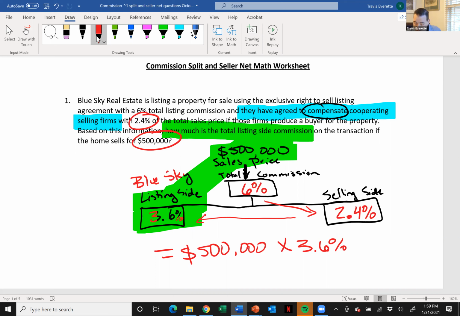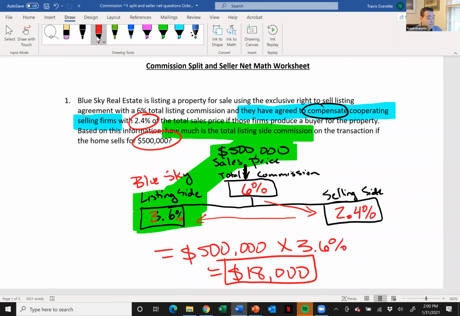If I type that into my calculator, 500,000 times 3.6%, I end up with $18,000 going to the listing side. Now, I could certainly calculate the selling side if I wanted to, 2.4% of $500,000, but they asked me specifically for the listing side.